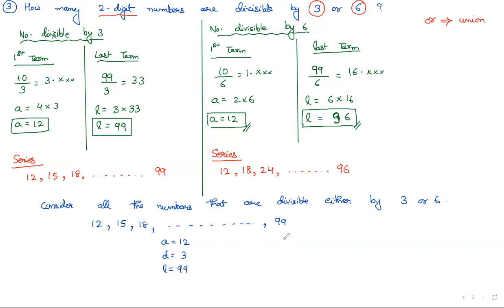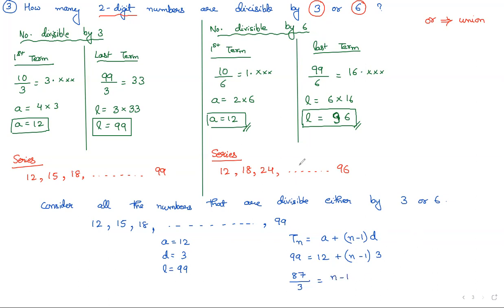So I have to find out n again. T of n is given by the formula a plus n minus 1 into d. So T of n is 99, where your first term is 12 plus n minus 1 into the common difference 3. Correct? So now when I do this, 87 by 3 is equal to n minus 1.